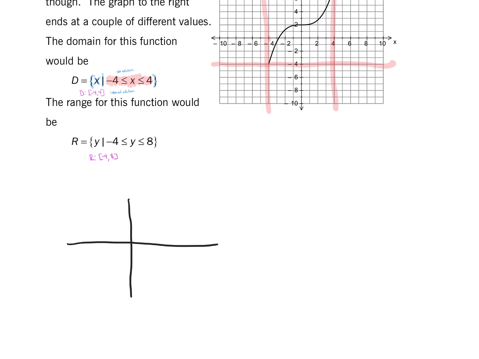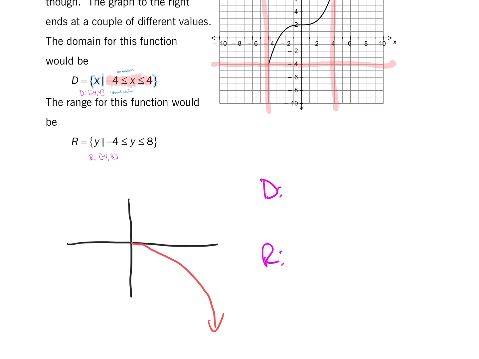Well, that's kind of boring, but whatever. The domain and range are going to be the same here. Actually, I don't like that. I'm going to do this instead. I'm so sorry. Now the domain and range are not going to be the same. They're going to be similar, but they won't be the same.